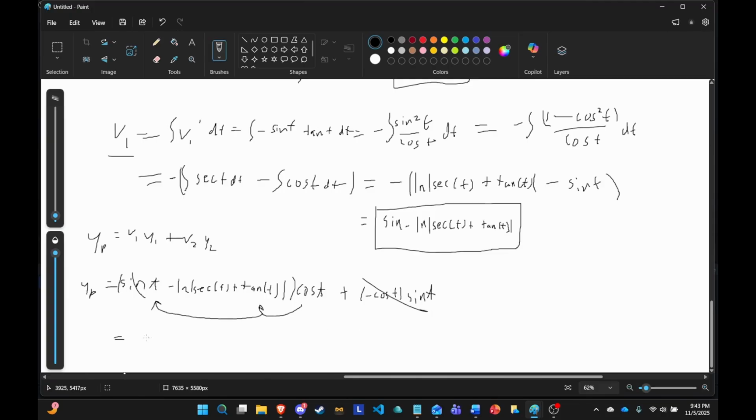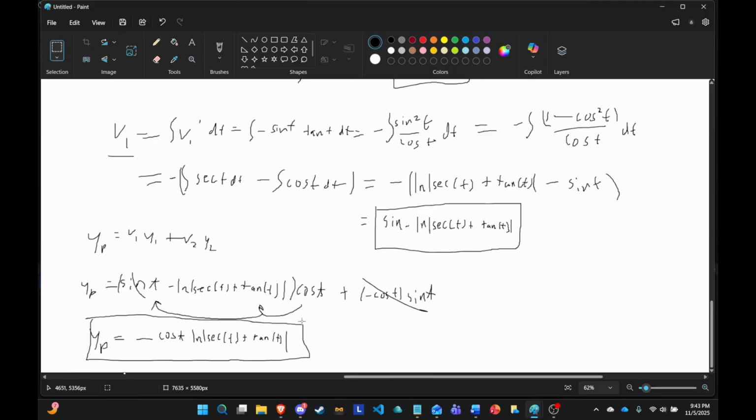All we are left with is negative cosine of t times the natural log of secant t plus tangent of t. And this is our final particular solution.